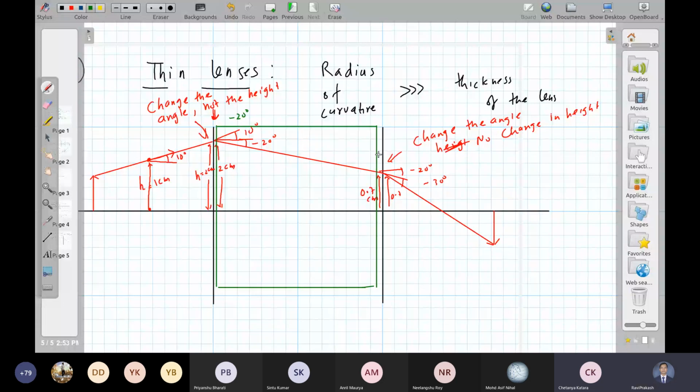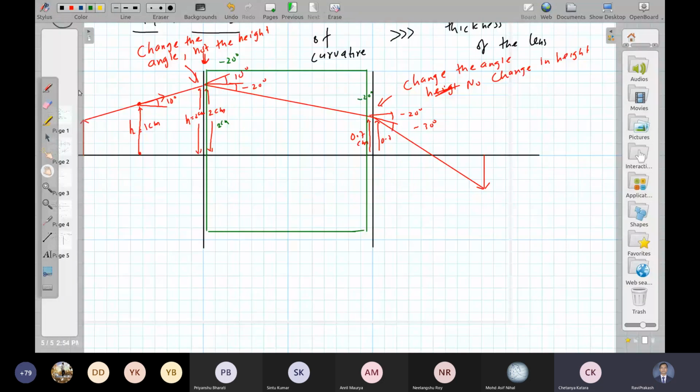Same -20 डिग्री पर. लाइट किस हाइट पर एंटर की थी? 2 सेंटीमीटर, right? लाइट किस हाइट पे बाहर निकली है? 0.7 सेंटीमीटर, right? Or I can say that the role of this air slab is no change in direction of light. Light की डायरेक्शन को तो ये चेंज नहीं करता है, but yes, it changes the height, right?